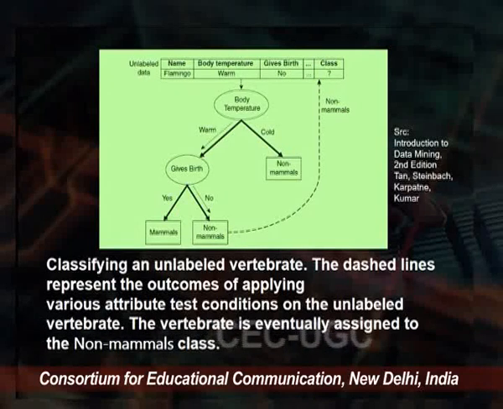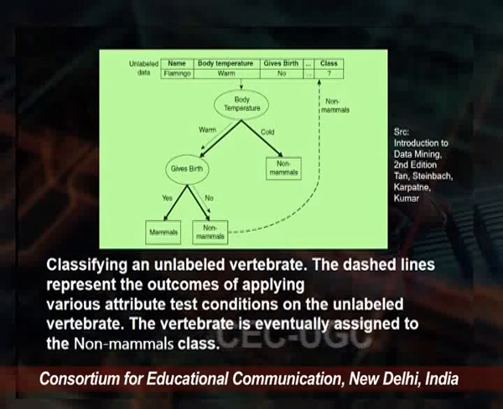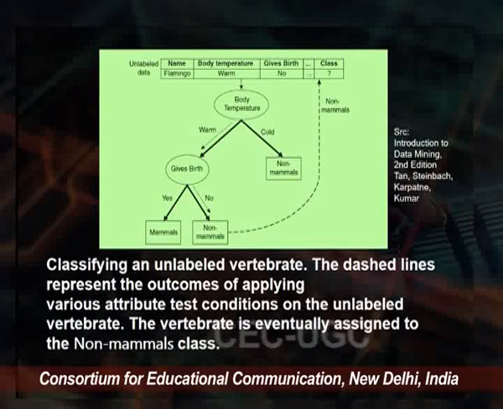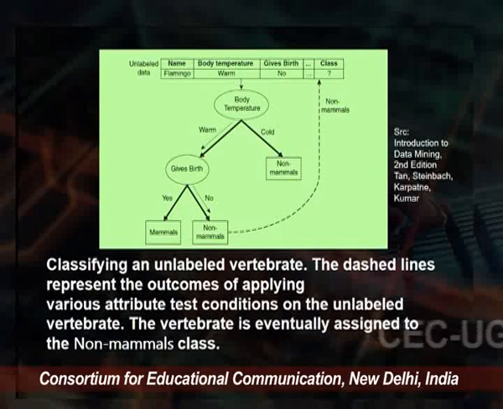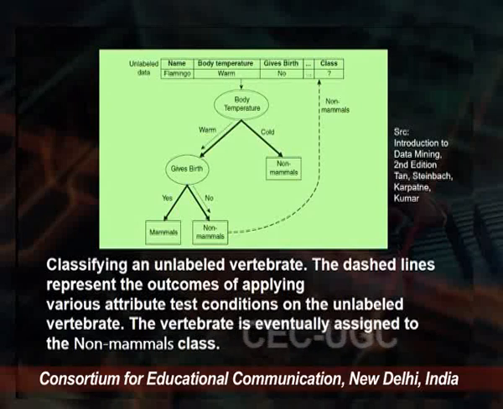We need to check whether the test vertebrate belongs to the mammal class or a non-mammal class. Again the same procedure is used: the body temperature attribute is checked. For this particular instance, the body temperature is warm, so you go to the left-hand side of the tree. Then you check whether it gives birth. It does not give birth, so it is a non-mammal, and probably this is a bird.